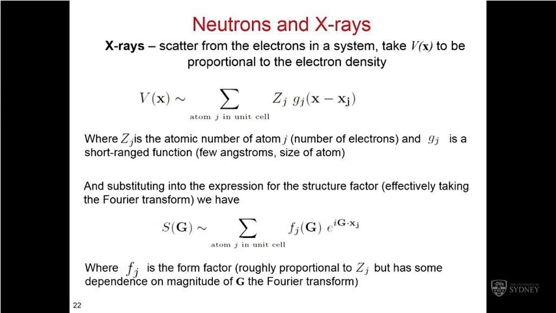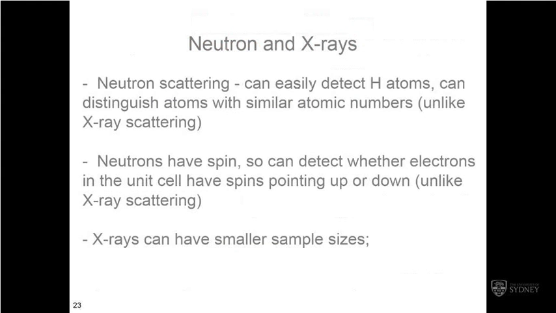For people that actually calculate these kinds of things as part of their research, there are well-known form factors that you use for particular atomic species, something that people can figure out. So, just a little bit about the difference between neutron scattering and X-ray scattering.